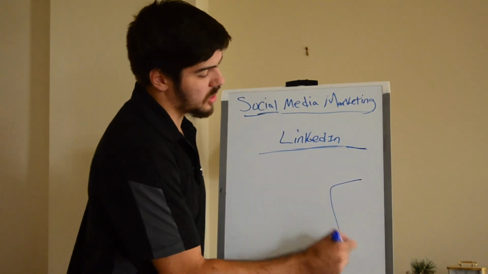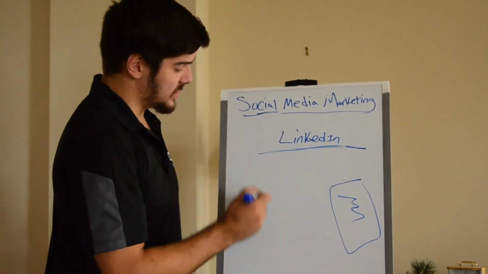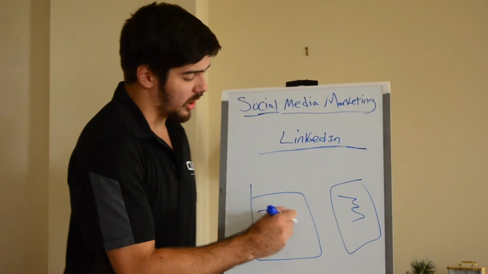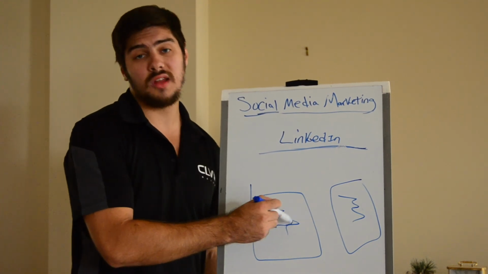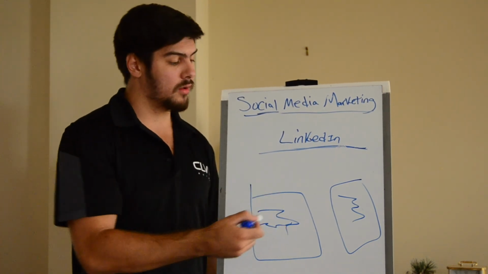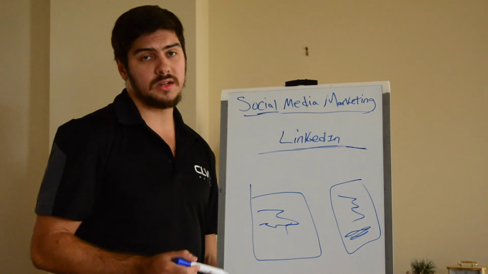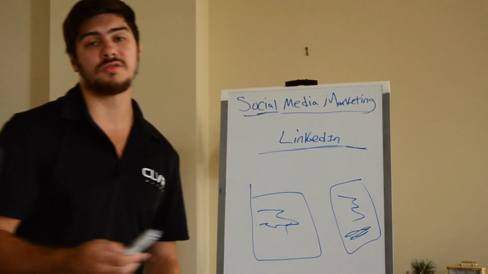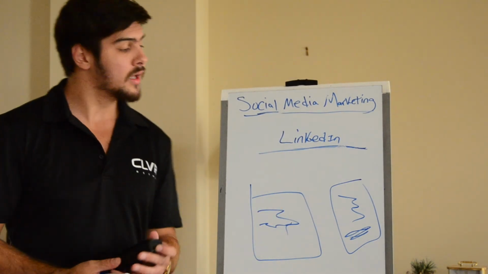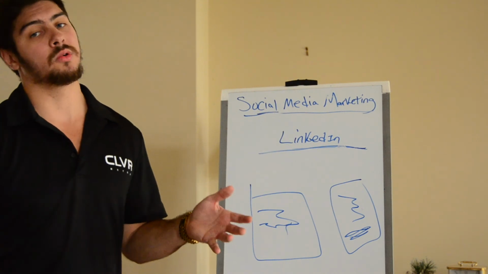We send them a message on LinkedIn, then we send them a message through email saying, hey, John, just reached out to you on LinkedIn. If he read your LinkedIn message, he may respond to your email. So it's just another point of contact to market to those people.